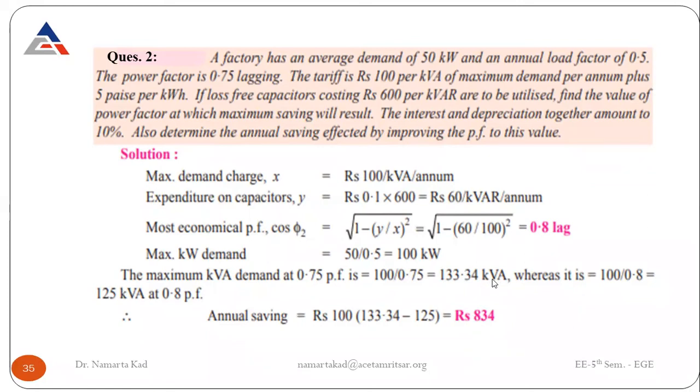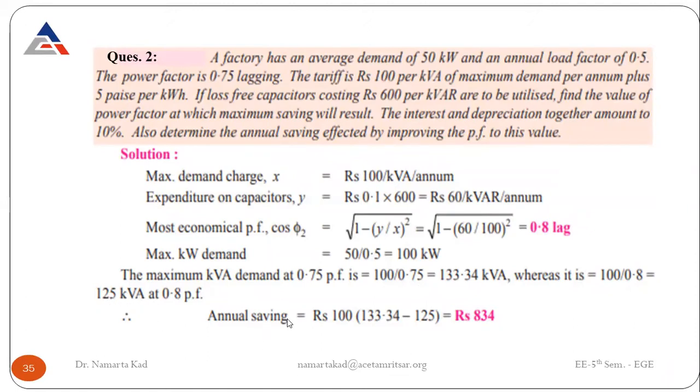In terms of kilowatts, it is 100 upon 0.8, that is 125 kVA at 0.8 power factor. Like for 0.75 power factor, it is 133.34 kVA, but when the power factor is improved to 0.8, then the kVA comes out to be 125 kVA. So what are the savings now?